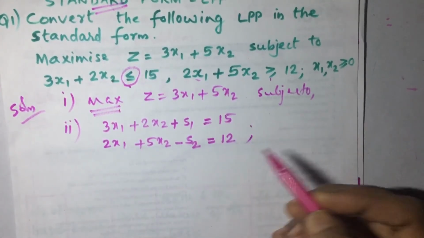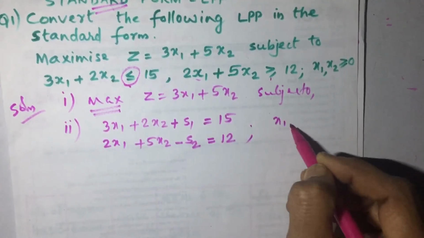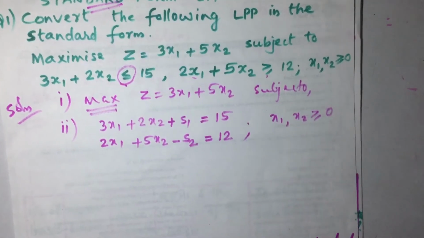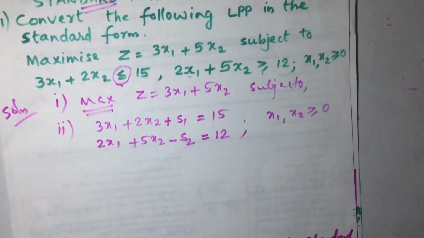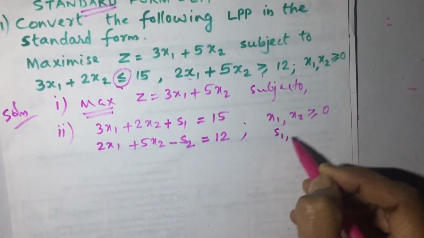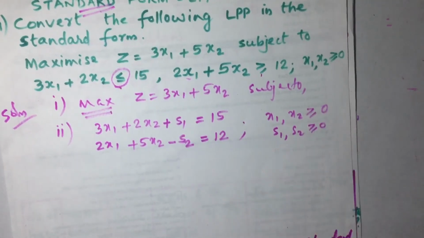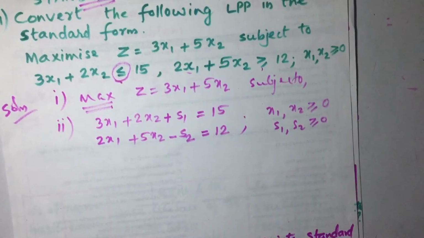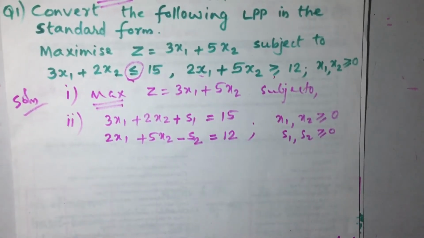The third condition is non-negativity: x1, x2 are greater than or equal to 0, and s1, s2 should also be non-negative, greater than or equal to 0. That is the standard form of an LPP, where we introduced the slack variables.